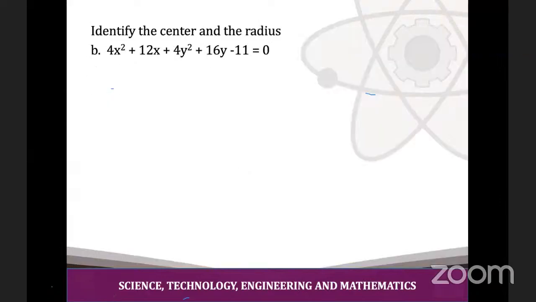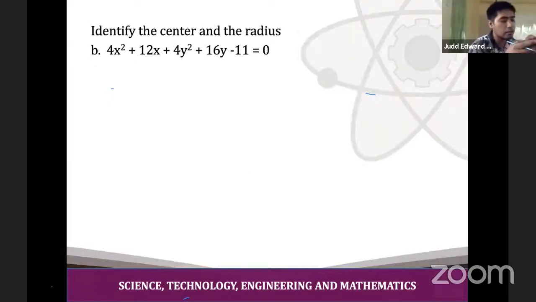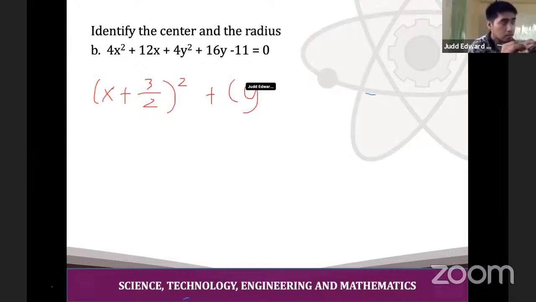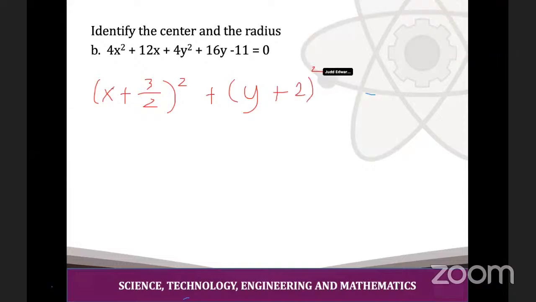What is the center? What again is our equation? x plus 3/2 quantity squared plus y plus 2 quantity squared equals 9.